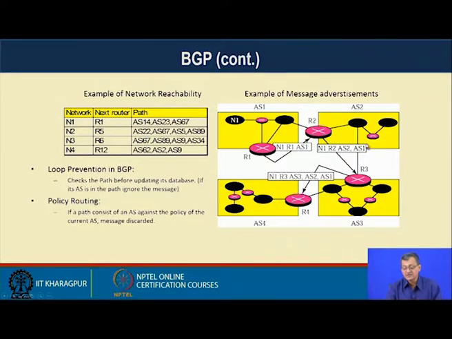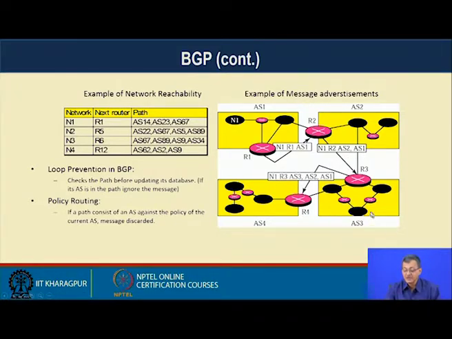So, these are the message formats while updating, right. It is saying that in order to reach N1, within the AS, R1 and AS1 are there. So, router 2 gets that, right, and when router 2 is advertising that in order to reach N1 the next router will be R2, the AS is AS2, next AS is AS1.